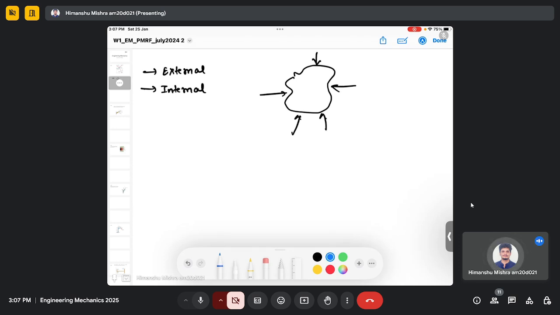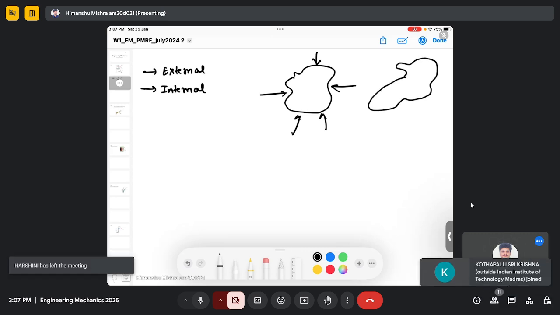Now, let's assume that your body is not a rigid body, it's a deformable body. It can bend or respond to the forces. When it responds to the forces, it changes shape. Let's say this is the changed body.